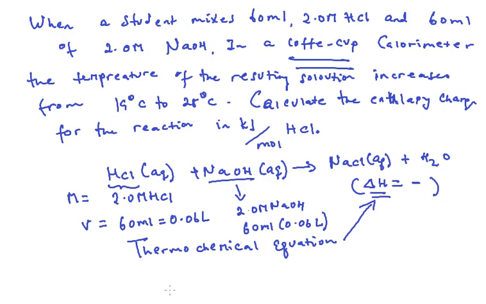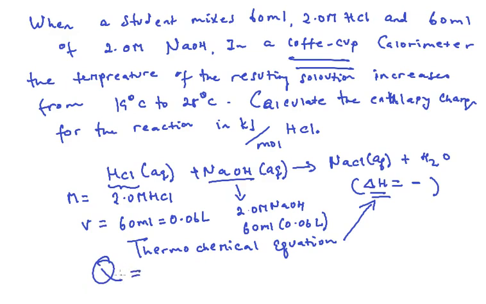So one of the things that we need to know here is that for any reaction, we have to calculate the amount of heat produced or generated, or the amount of heat absorbed. There is a formula for that.